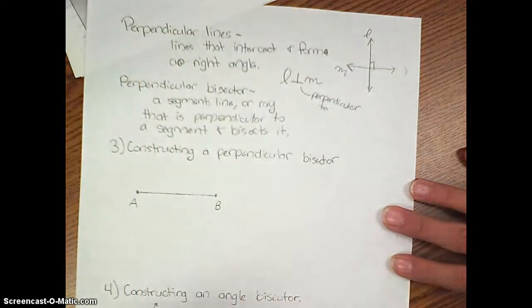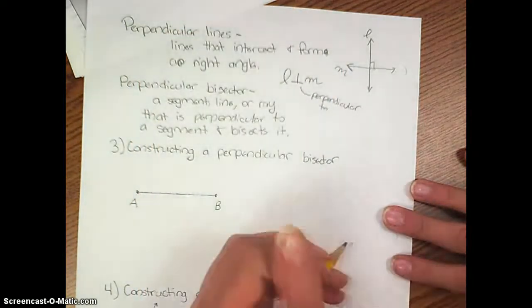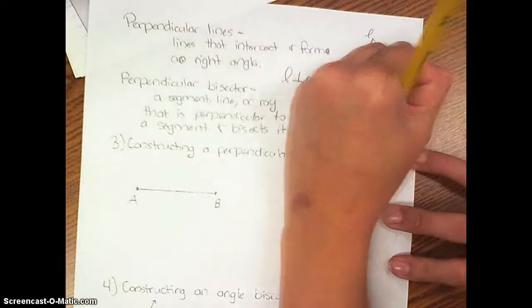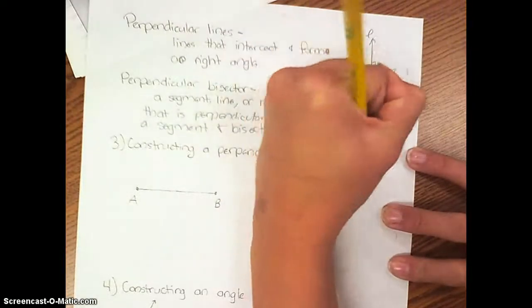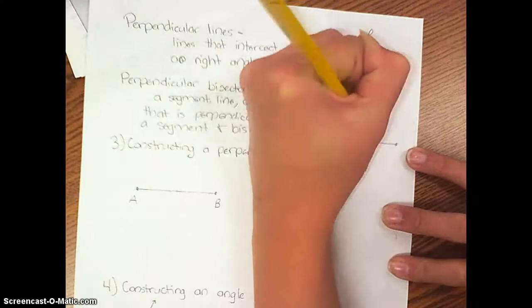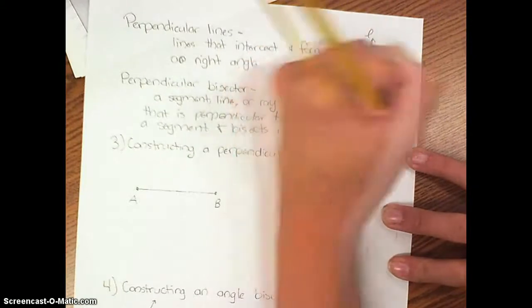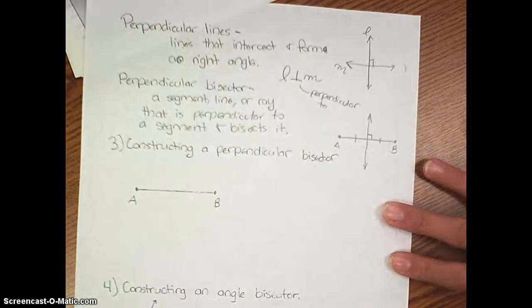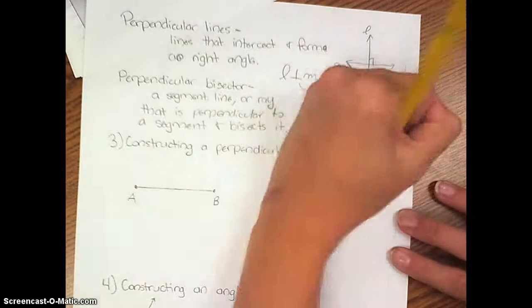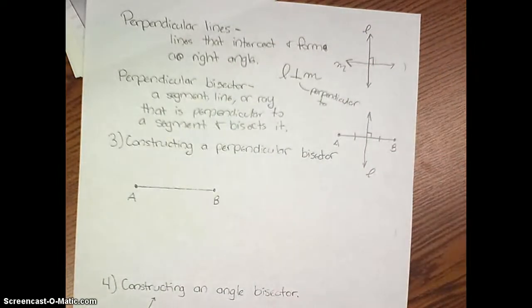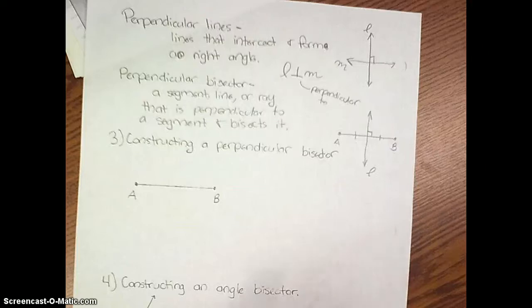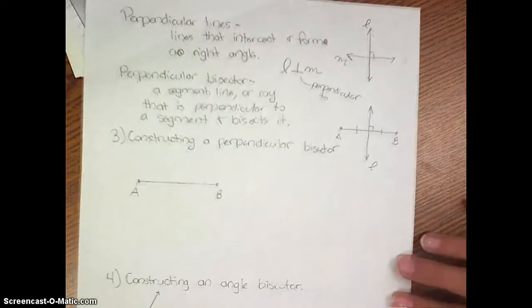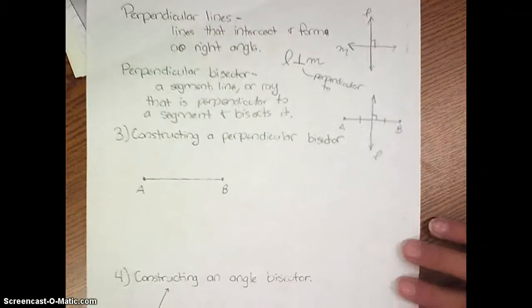Okay, so it's got to be perpendicular to the segment and it has to bisect it. So that might look something like this. Okay, so that line L here is perpendicular to segment AB, and you can see by the marks that it also bisects AB. So now we're going to look at constructing a perpendicular bisector.